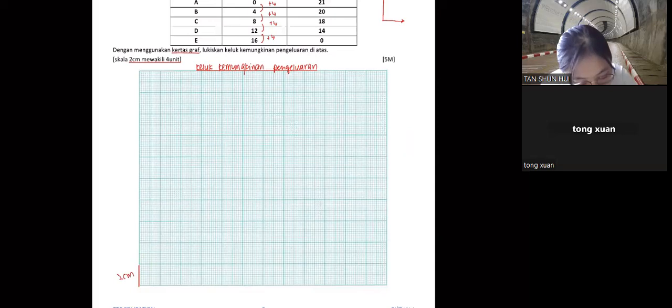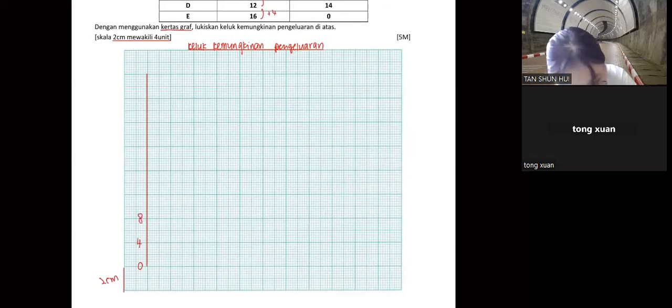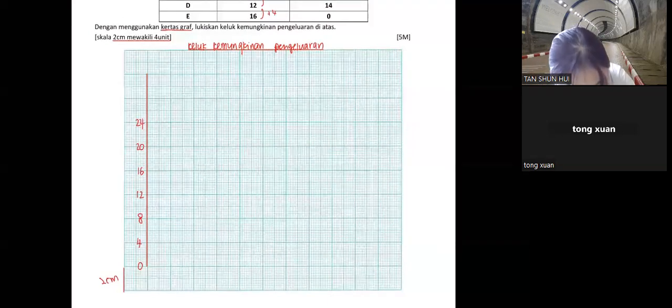All right. So you plot your y-axis. They said 2 represents 4, right? 2 cm equals 4. So 0, 4, 8, 12, 16, 20, 24. Now, why do I draw until 24?